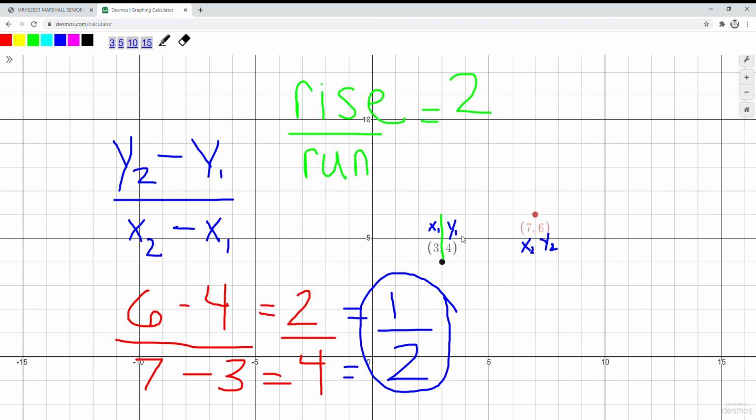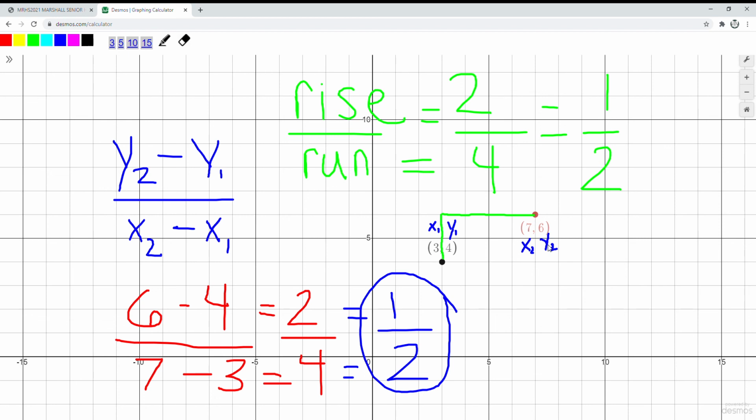And then how much would I have to run, or how far would I have to go horizontally to get to my next point? Well, 1, 2, 3, 4. So I get 2 over 4. Well, look at that. That's the same number I had down below, right? And yet again, I can simplify this to be 1 over 2, because we want to write it in simplest form. Both of these methods work.